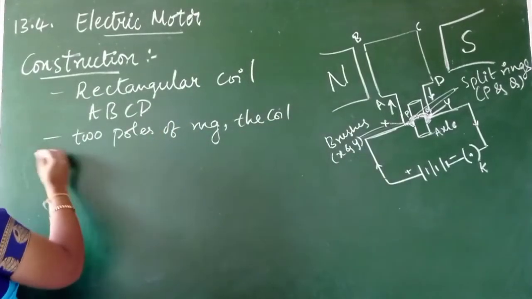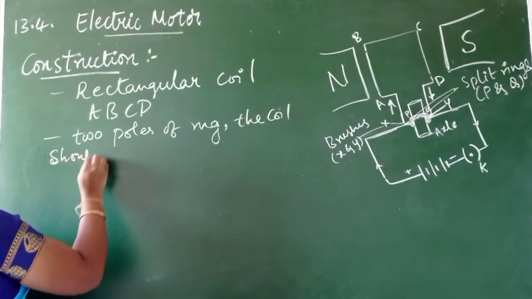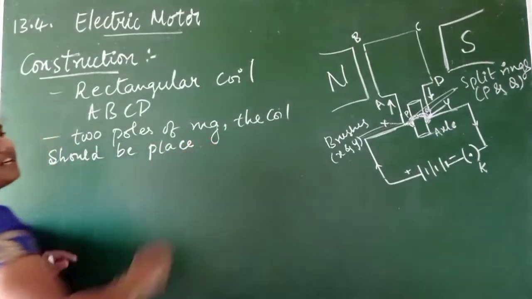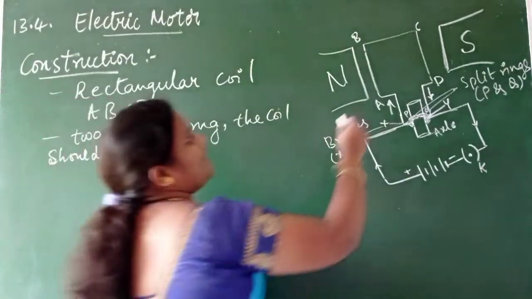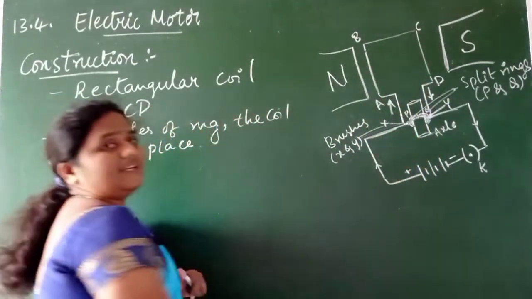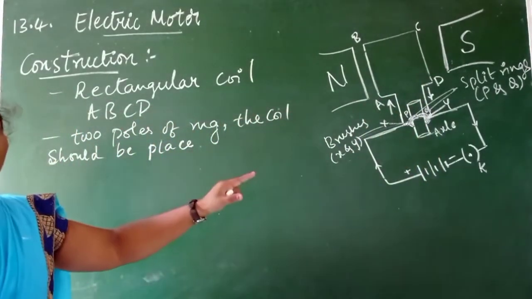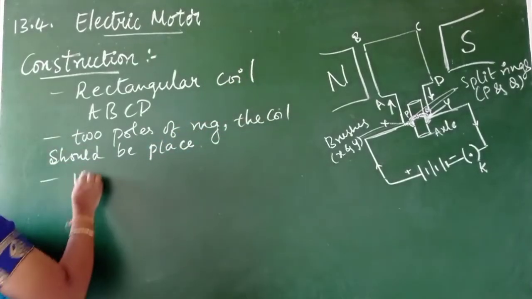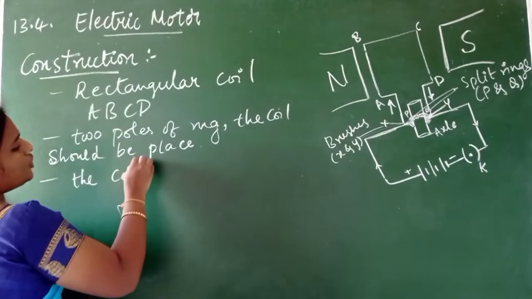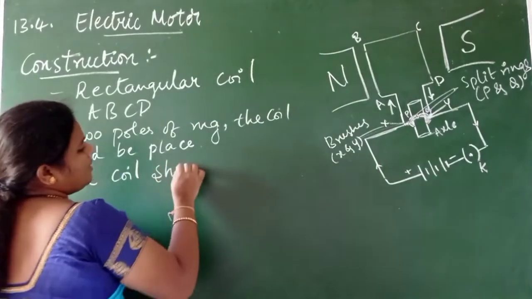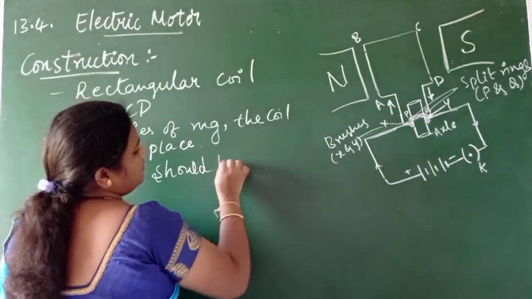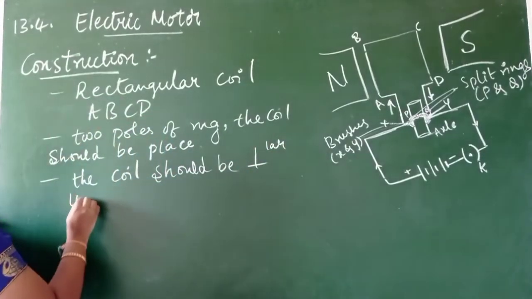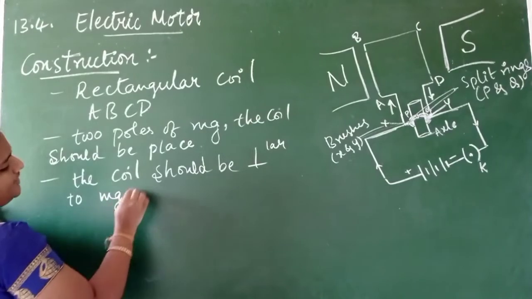The coil should be placed in such a way, children, that the magnetic field is in this direction, means the coil should be perpendicular to the magnetic field.